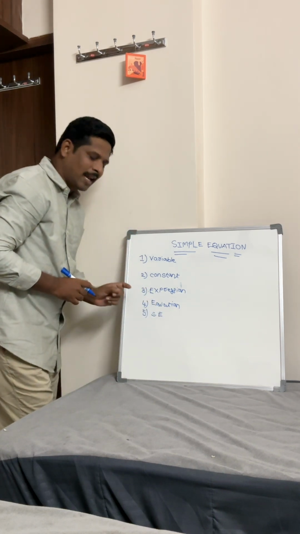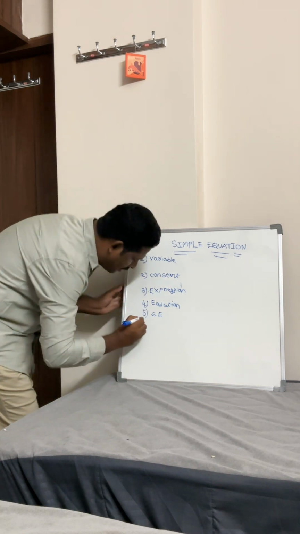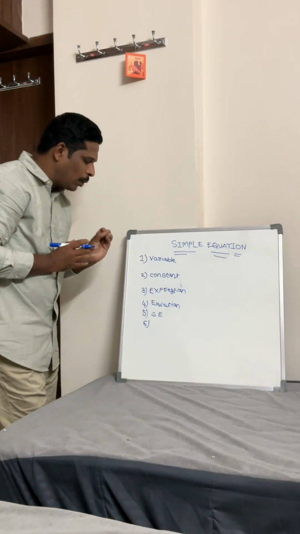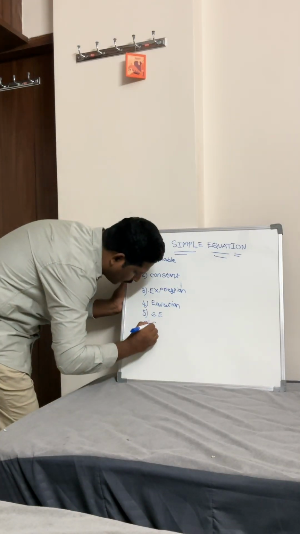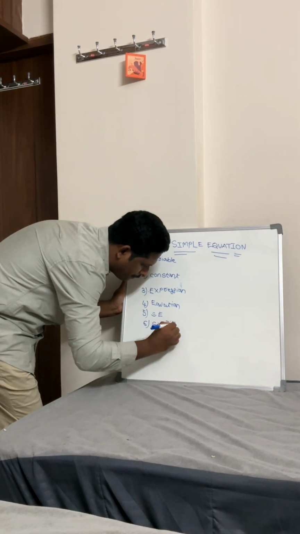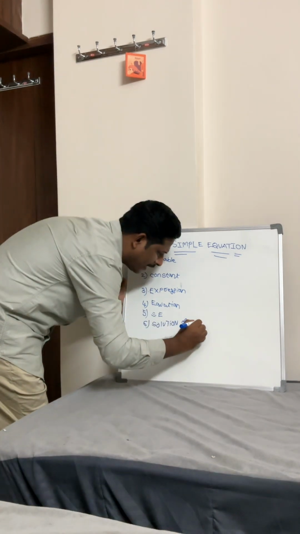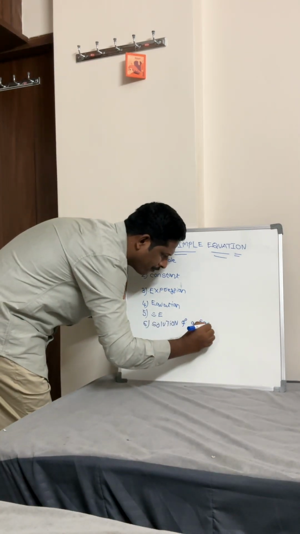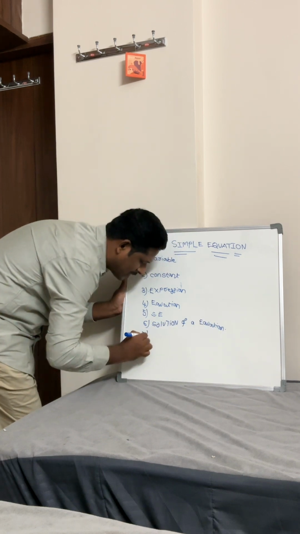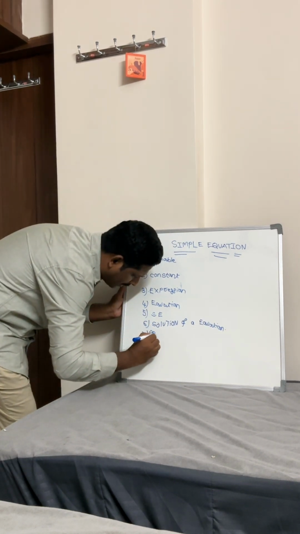For your better understanding, I am writing it as SE, which is simple equation. And then the sixth one is finding the solution of an equation. And the seventh one is properties.